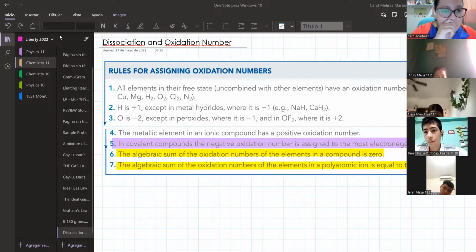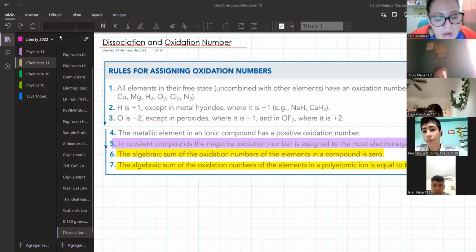Pure elements like copper or magnesium, or diatomic elements, have an oxidation number equal to 0. Remember the mnemonic I gave you to memorize the diatomic elements: Have no fear of ice cold beer.